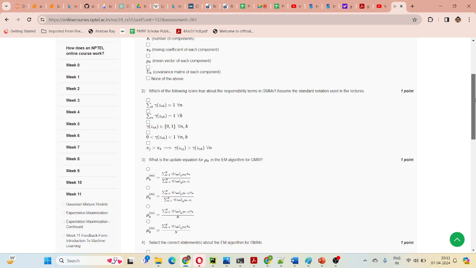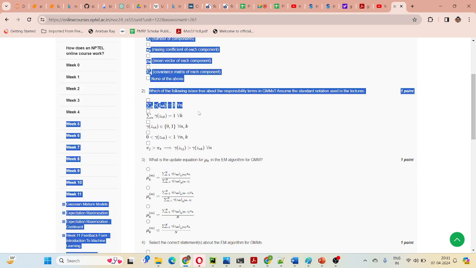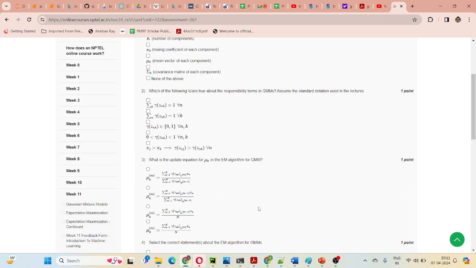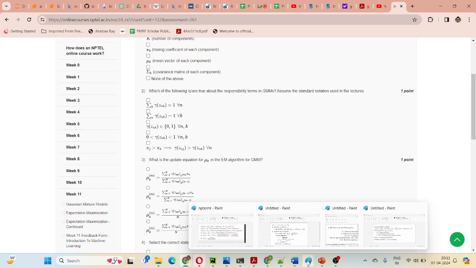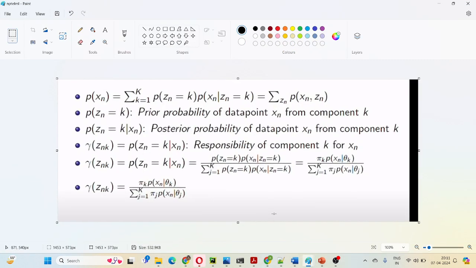Responsibility terms. So what is the responsibility term here? Is it true about the responsibility term? Yes, the sum over k will be 1. I will not say. As you see this slide, it is very easy to infer from this.